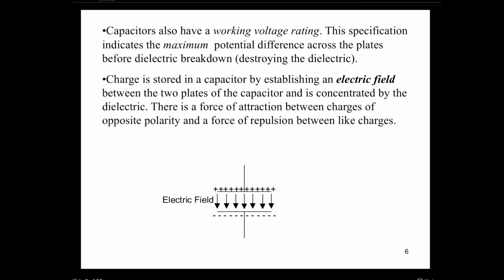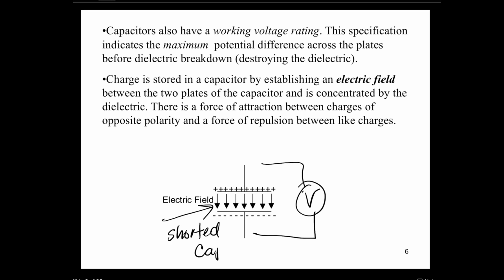if the voltage is high enough, this dielectric that separates the two plates will break down, and it'll no longer be an electrical insulator. It'll allow it to conduct, and then you'll end up with a shorted capacitor, a shorted cap.